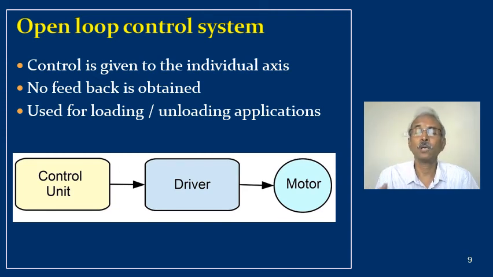Why can't I go for an advanced control system where it travels exactly 30 degrees? As I told you, when you want an advanced control system, it becomes costly. So I go in for the open loop control system, which is very simple in terms of design. In terms of cost, it is very low. Still, it serves my purpose.